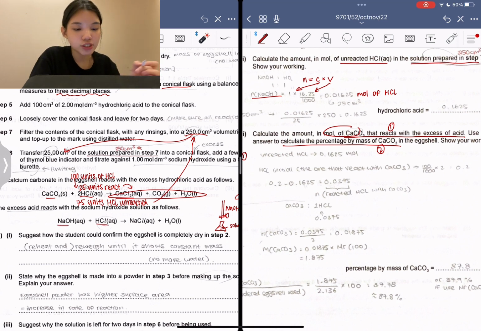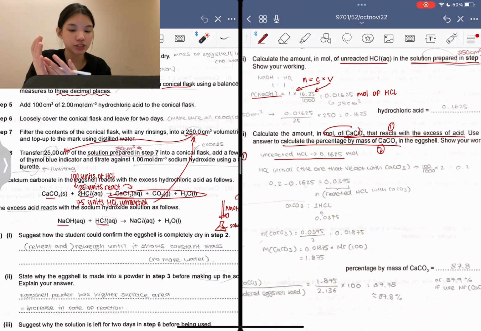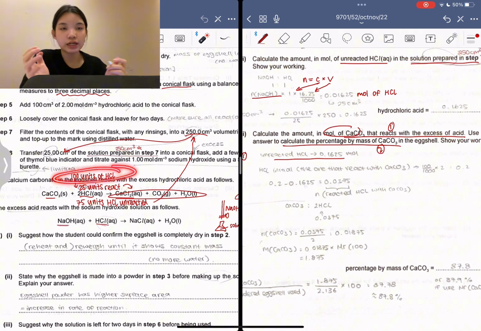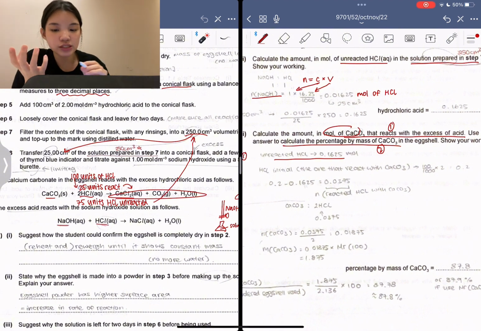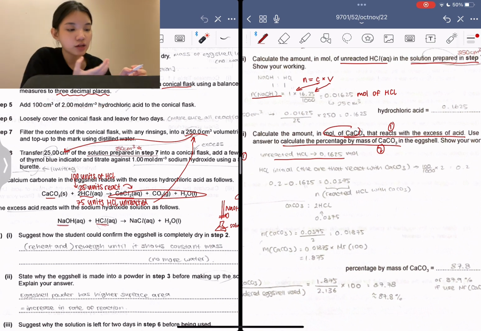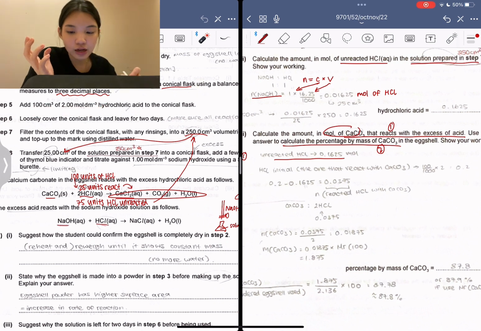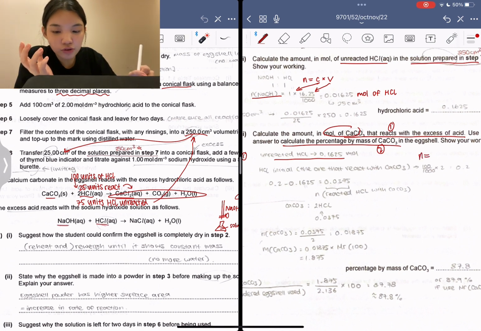In the previous question, the unreacted HCl is 0.1625 mole. Then we can find how much HCl was initially added. First, you add 100 cm cube of 2 mole per dm cube HCl to the CaCO3. Mole n is equal to volume times concentration.